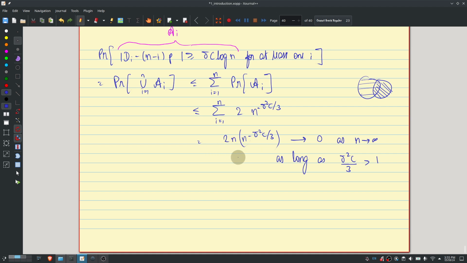So this is just 2 times n to the power 1 minus delta square c divided by 3. As long as delta square c by 3 is even just a little larger than 1, this is fine.